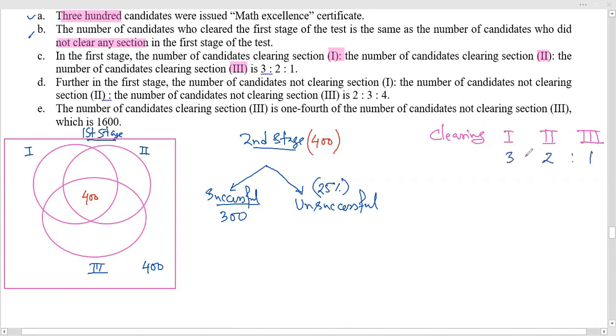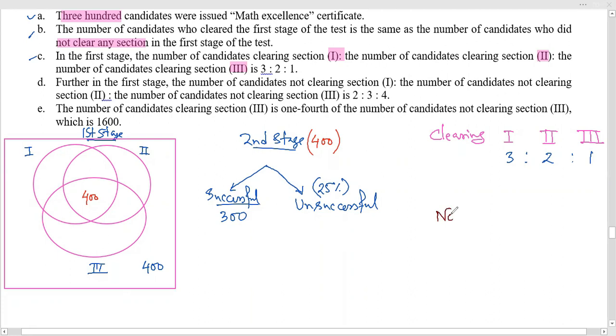This is the ratio. It is our point number C. Next point, further in the first stage, the number of candidates not clearing section 1, not clearing section 2, and not clearing section 3 is in this ratio. So again, I need to go on writing it.